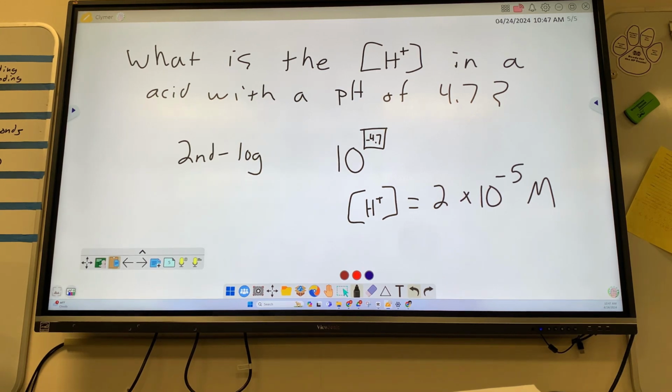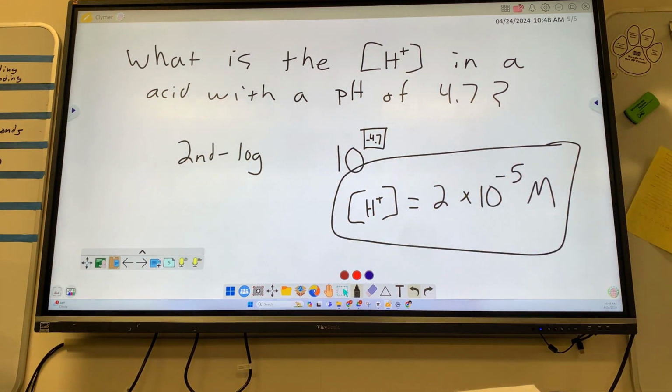Like if I gave you a piece of paper and I said, hey, what is 7 raised to the power of 3.2? Are you going to have a good time with that? I'm not either, right? But that's essentially what we're saying here. It's 10 to the something, but it can be a decimal value. So again, you need your calculator, and then you can just figure that out.